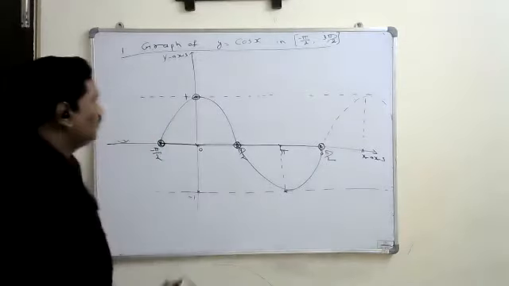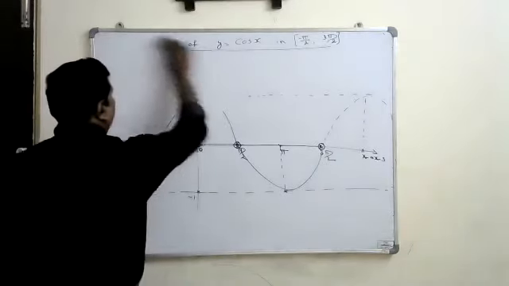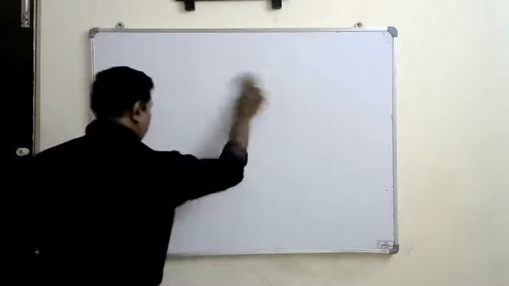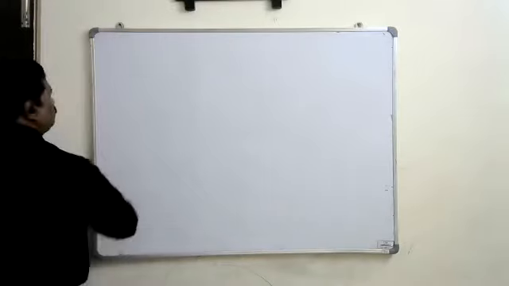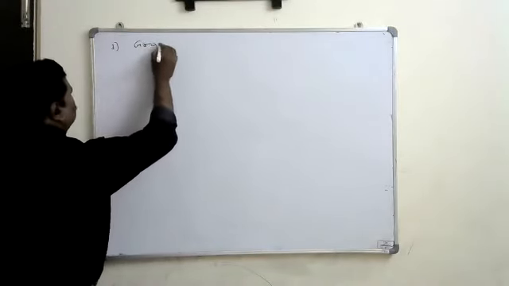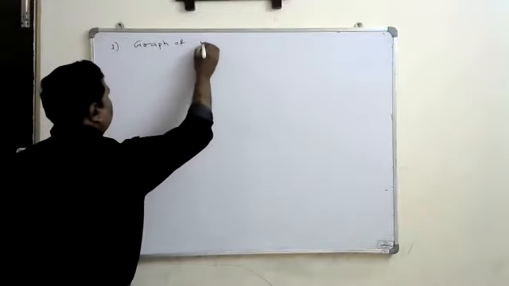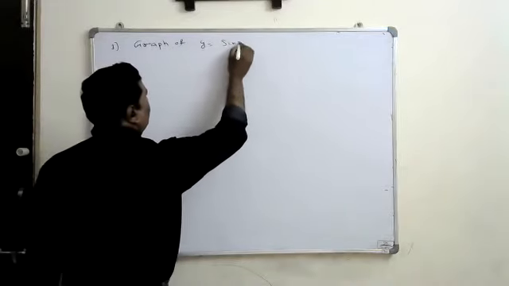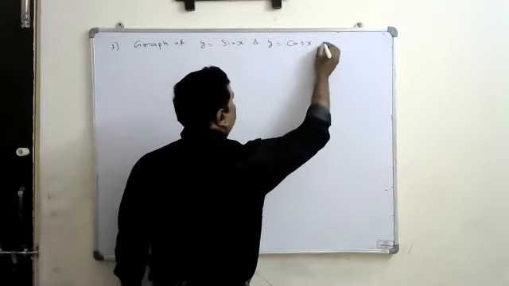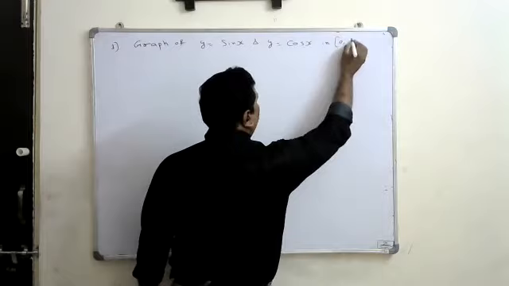So now take this third one: graph of y is equal to sin x and y is equal to cos x within the interval 0 to 2 pi.